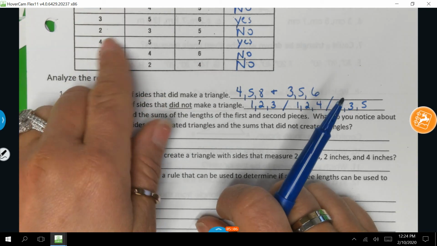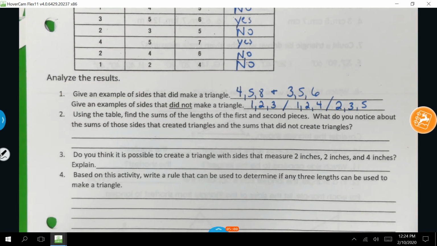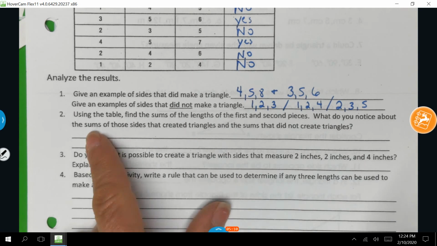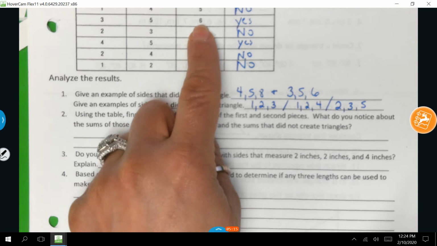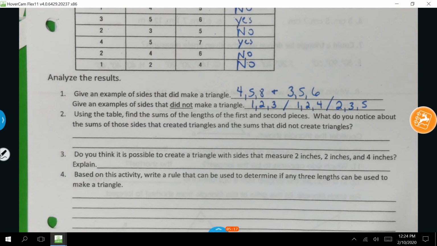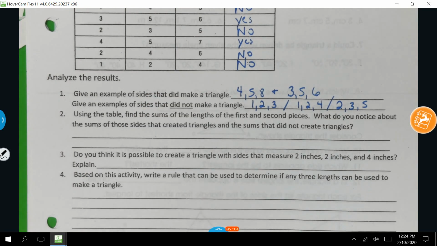Think of it as the shortest two out of the three. Look at the sums of the first two numbers and see how it compares to that third, the longest length. And then what do you notice about the ones that worked and what do you notice about the ones that didn't? Then answer 3 and 4. I want you to work with this about 7 minutes with a partner, okay? And talk about these.